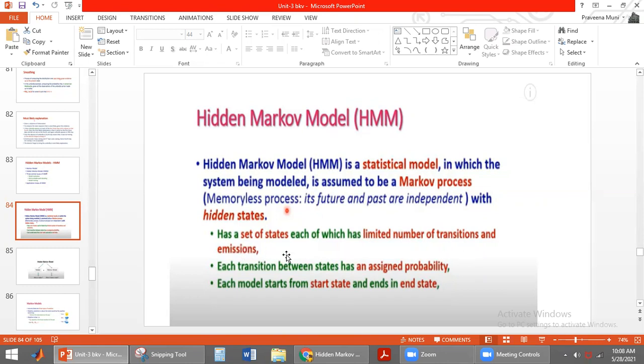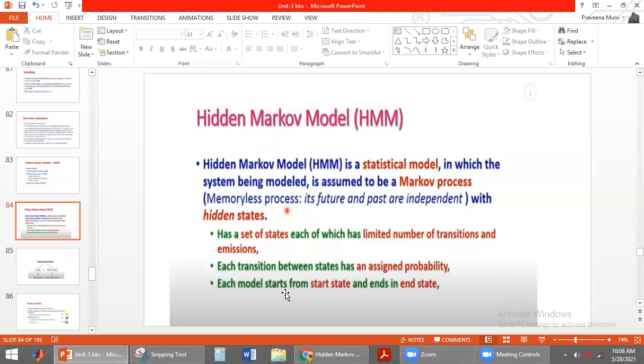Each transition between states has an assigned probability. From today's weather to tomorrow's weather, each transition will be assigned some probability.